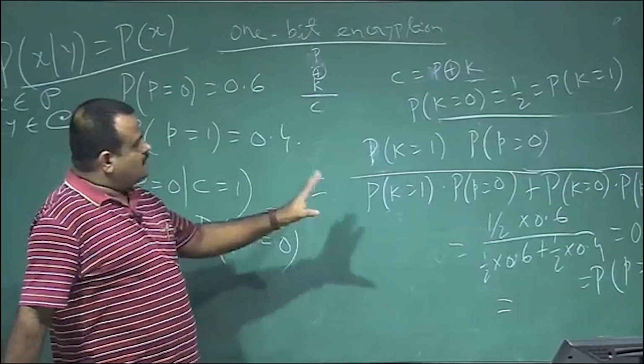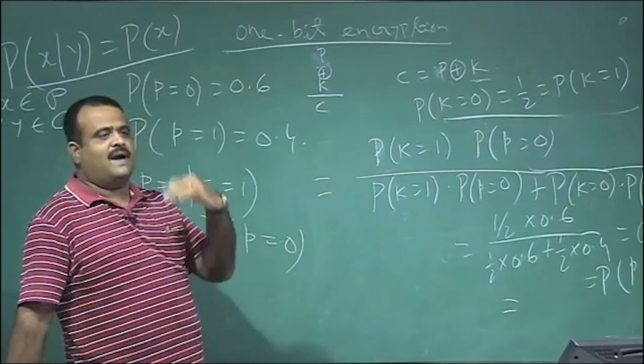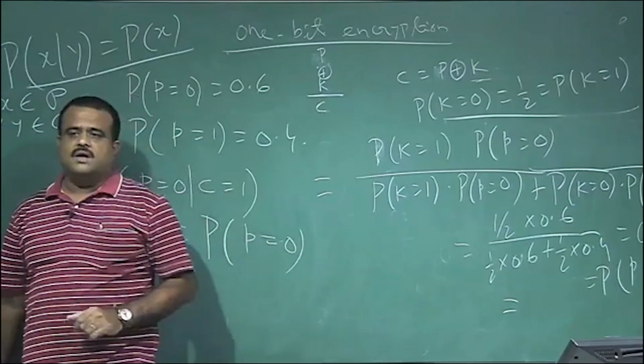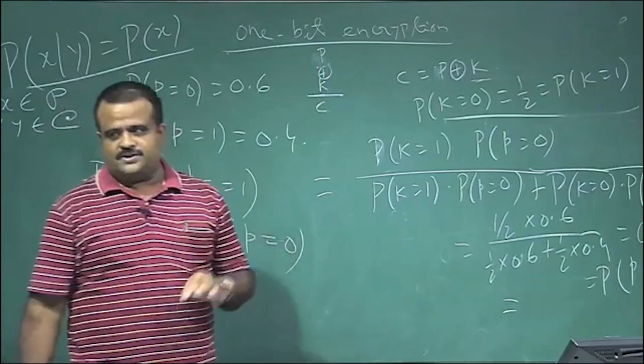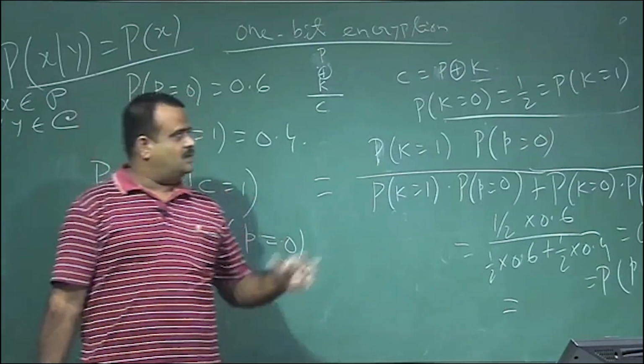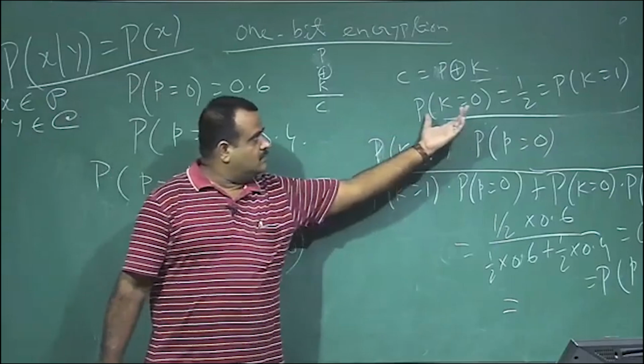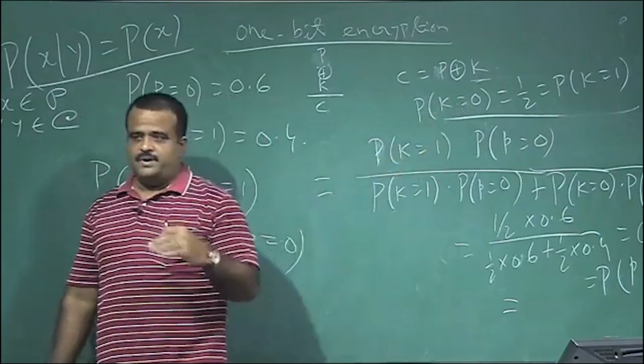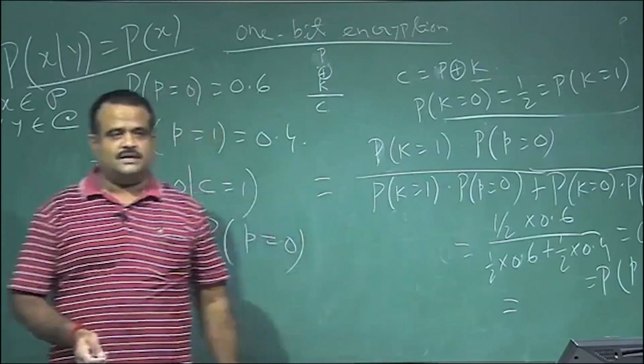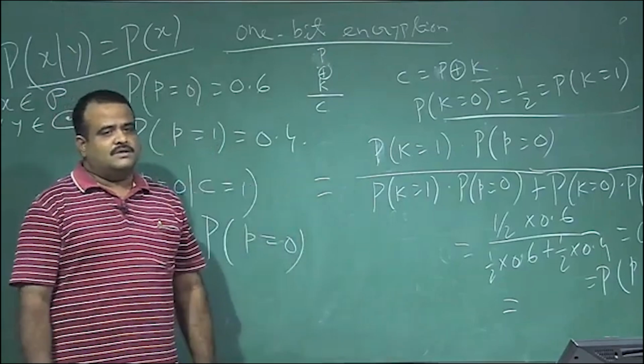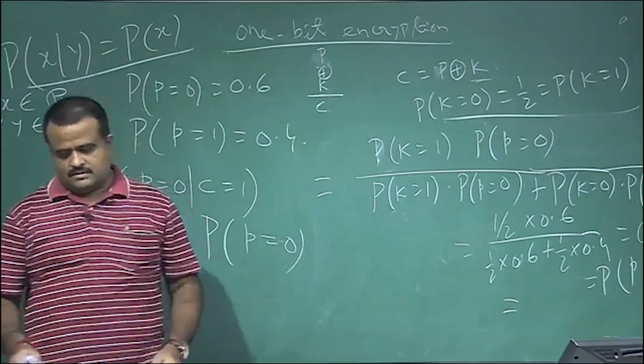But this is not possible in practice, because in practice we will use some algorithm to generate this key stream bit. So, there we cannot achieve truly random bits for the Kis. That is why it is called a pseudo random bit generator.